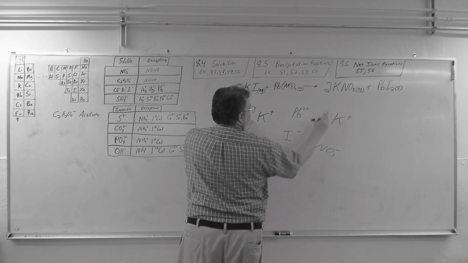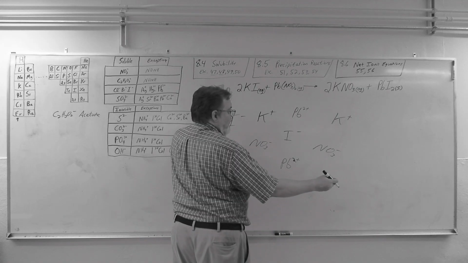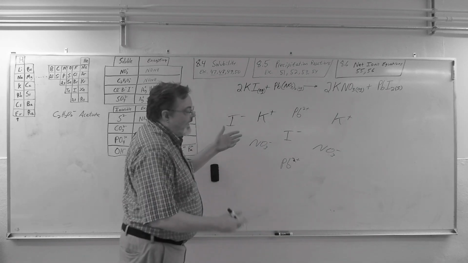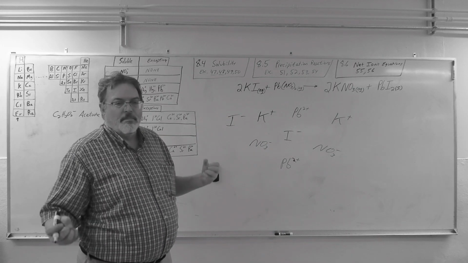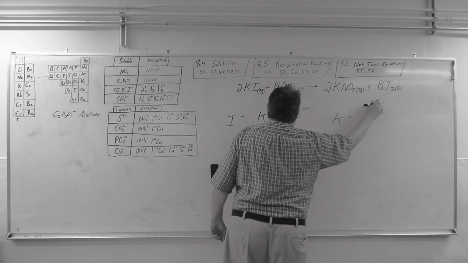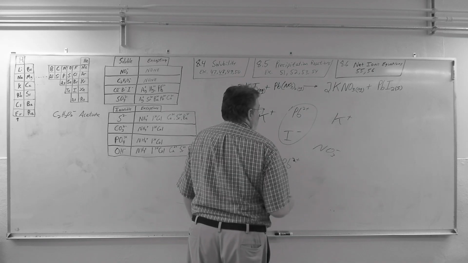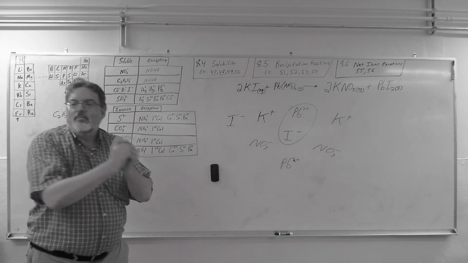If K bumps into NO3 in water, they'll just bump into each other and bounce away because KNO3's natural state in water is to be apart in ions. But as soon as a Pb and an I bump into each other, they stick. They stick to each other because their natural state in water is to be together.